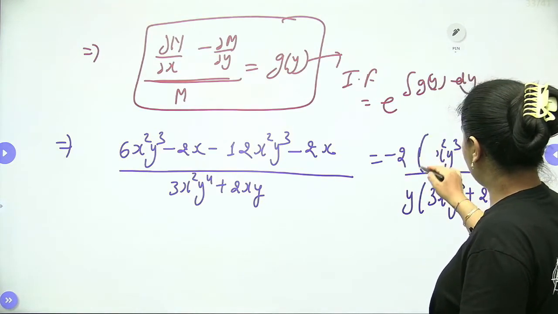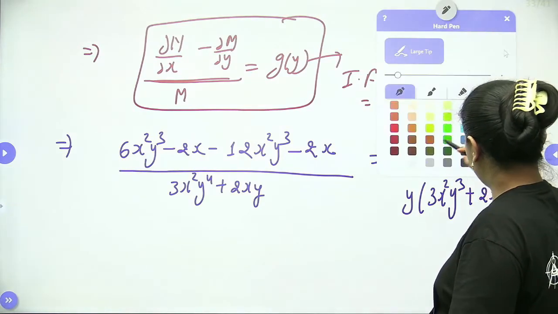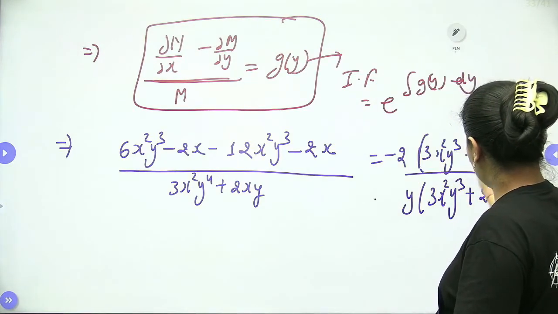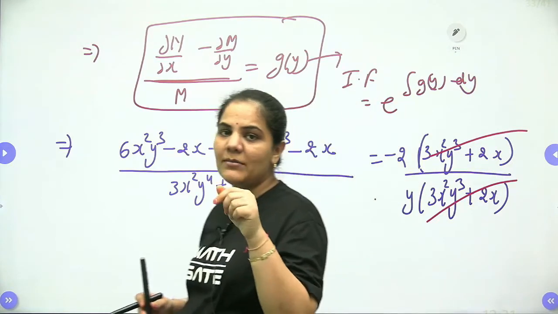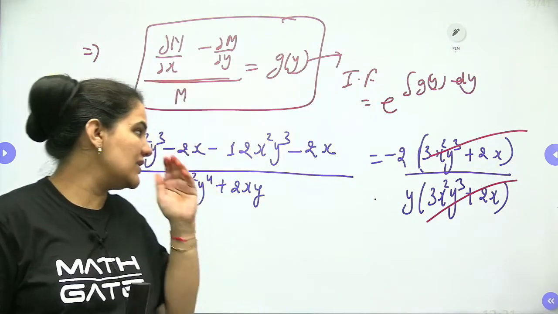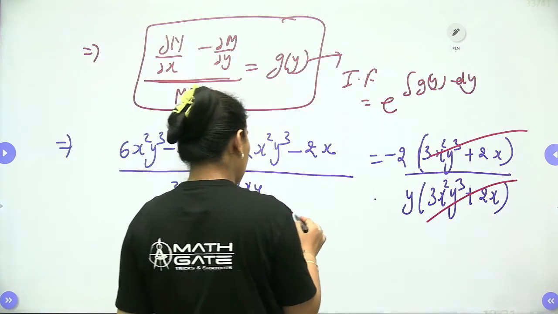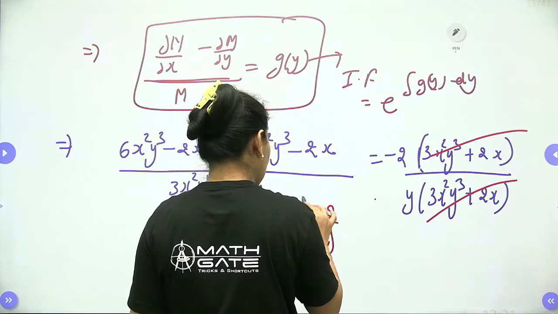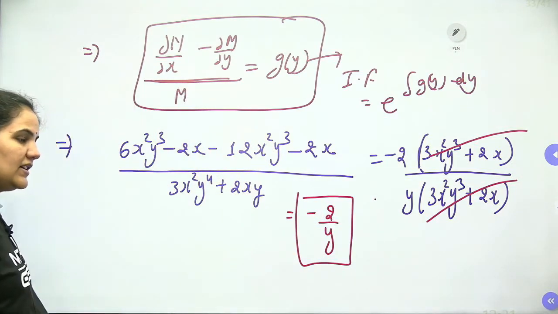When you take common minus 2, it will be 3 and 2. So these two quantities, 3x²y³ plus 2x divided by 3x²y³ plus 2x, will be cancelled out. Hence you will get only and only minus 2 by y, dear students.